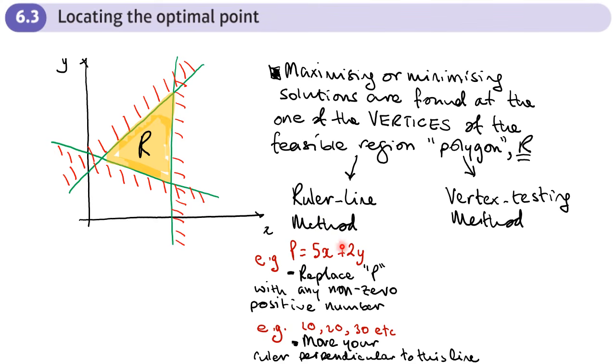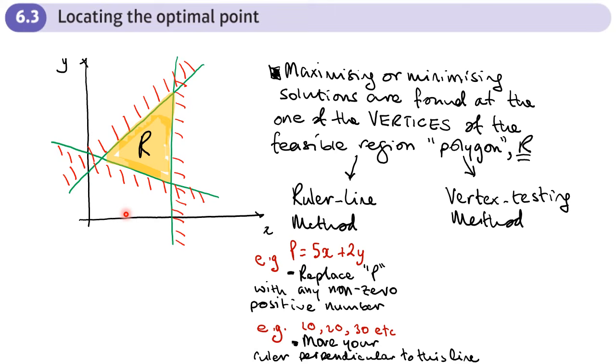So let's say we had an objective function like this that we wanted to maybe maximize or minimize. Well, the first thing that we do is we're going to replace p with any non-zero positive number. Let's say 10, 20, 30. So you'd have like 10 here or 20 here.